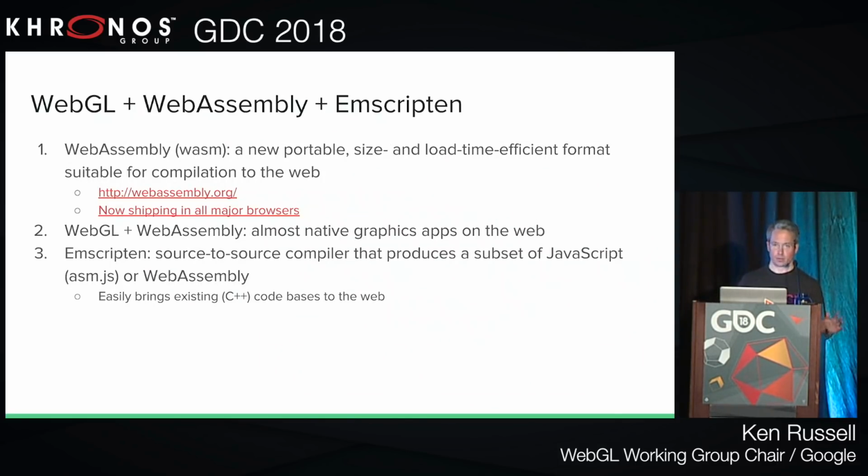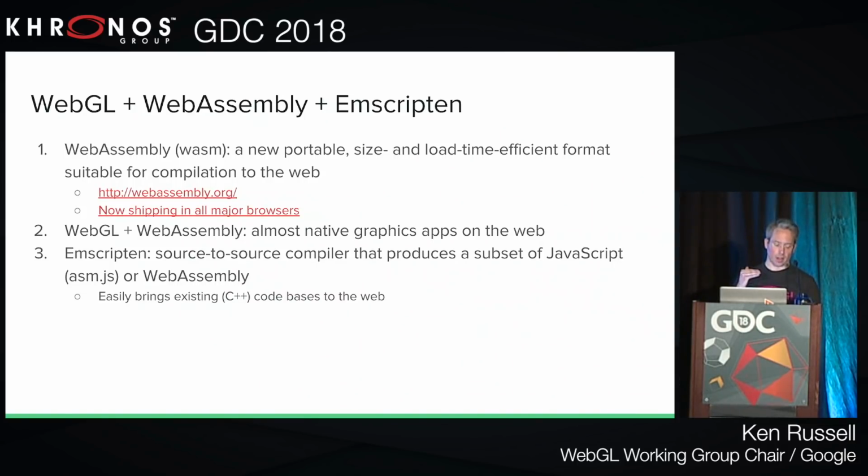Another new interesting technology is WebAssembly. Don't know if any of you have heard of it, but it is an evolution of a tool chain called Emscripten, which was developed some few years ago to be able to take large C++ code bases and bring them to the web with minimal porting effort.